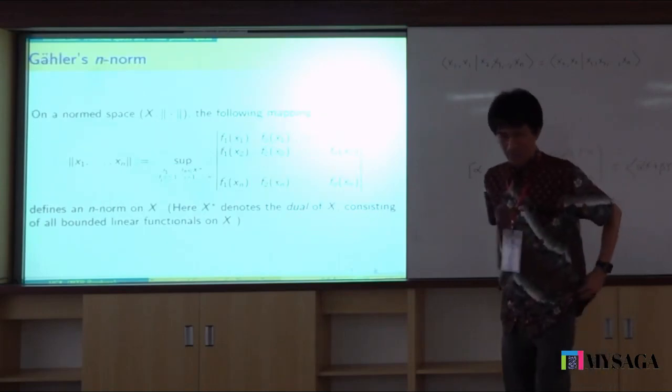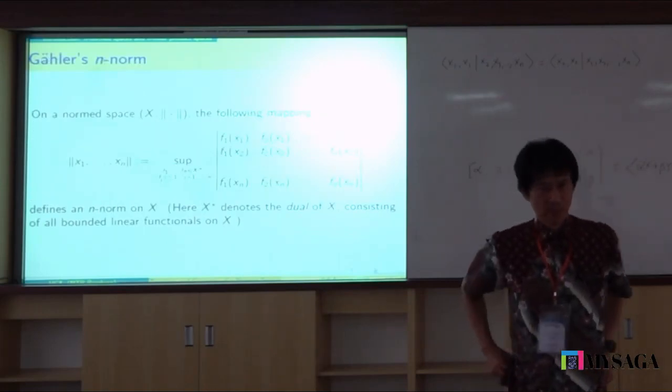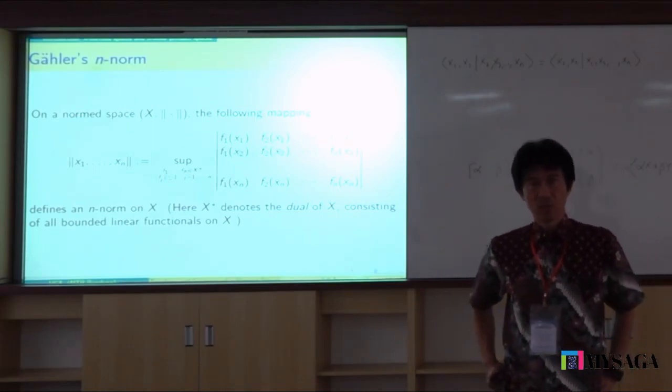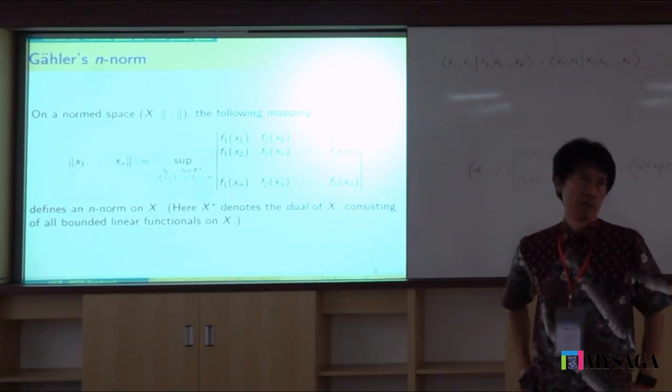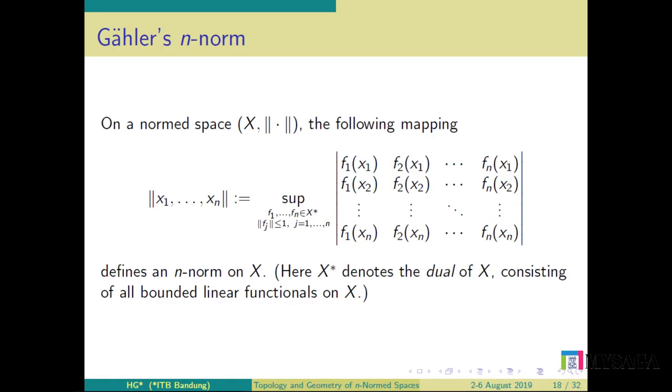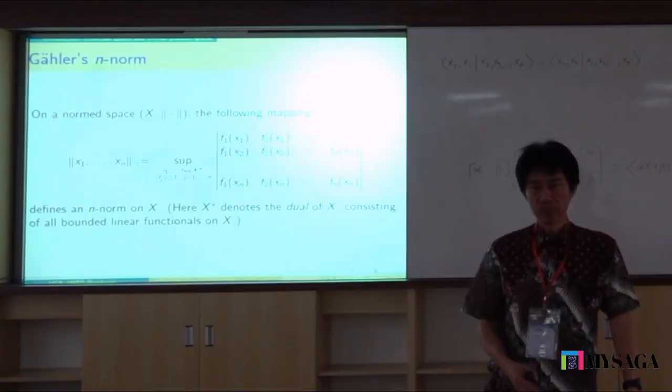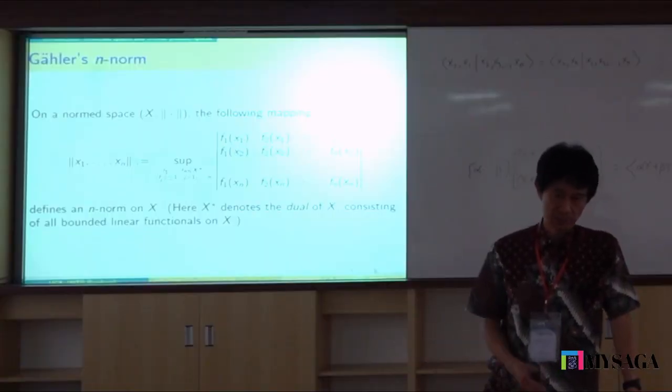Now, of course, you're not happy with that. I mean, you already have an inner product. Why do we have to have something else? But I can make up stories, of course. In real life, we have many types of measuring instruments.